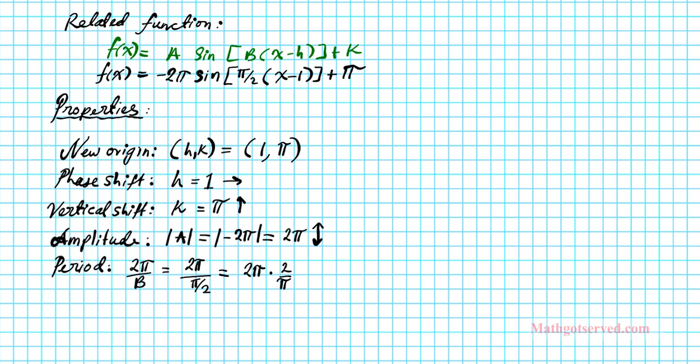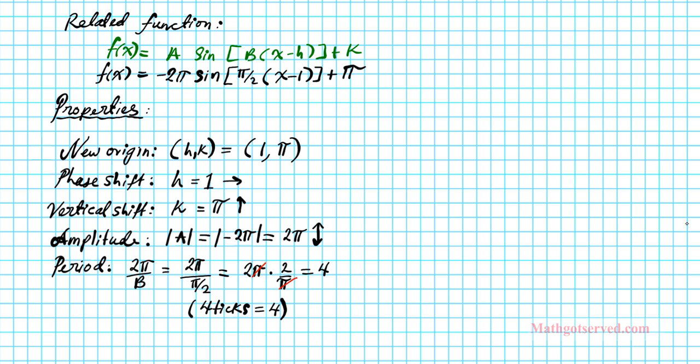You notice that the pi's cancel out, and you're left with 4. This value 4 is our period, and it can also help us calibrate our x-axis. Since we have 4 quadrants in a complete cycle or period, we can let 4 ticks equal our period, which is 4.